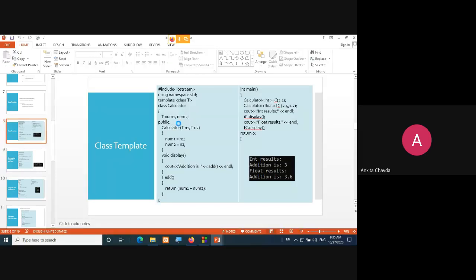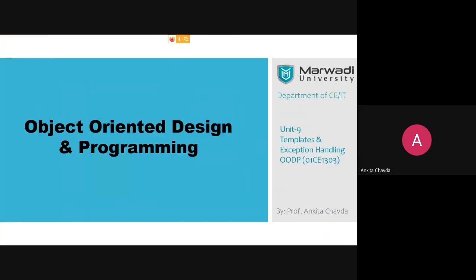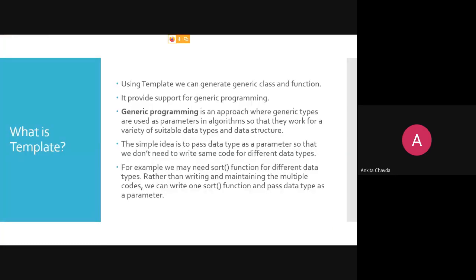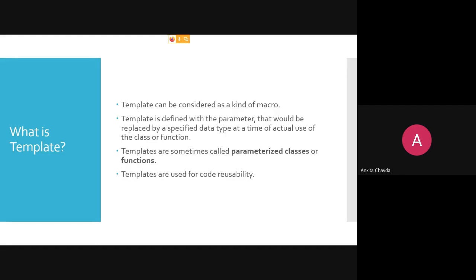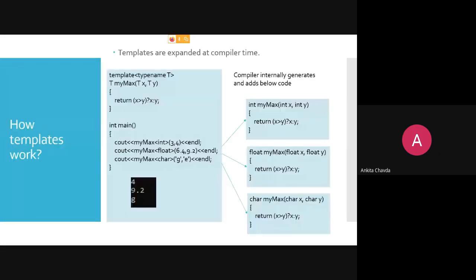Fine. So just a quick review, right? What is a template? Using a template, we can generate generic classes and functions. Generic means in general, right? So in the very first program we have seen, here T is your type name.